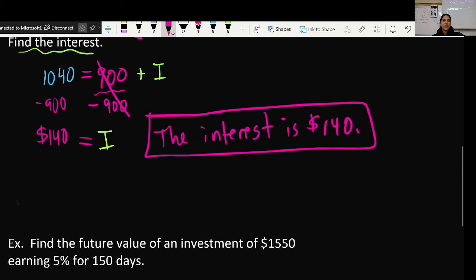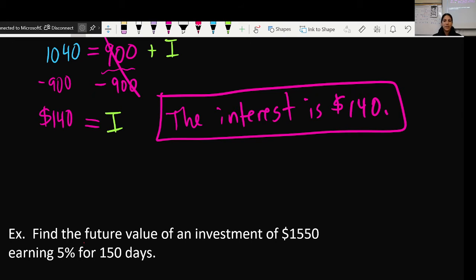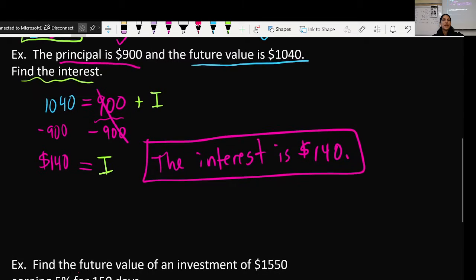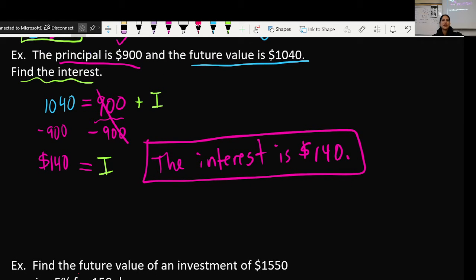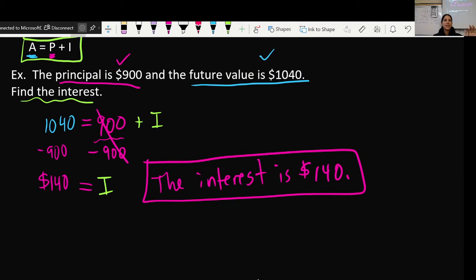Moving on. Find the future value of an investment of $1,550, earning 5% for 150 days. I'm going to compare and contrast this a little bit to what we just looked at. We have this formula, I'm going to write it in this color.